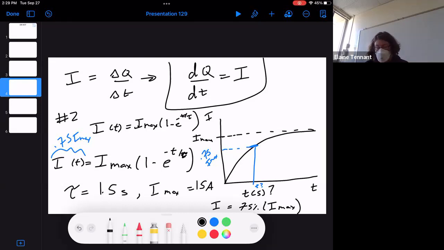If I want charge, do I want the slope or the area under the curve? Area under the curve. Because if current is the derivative of charge, charge is the integral of current. And so I'm looking for that area.